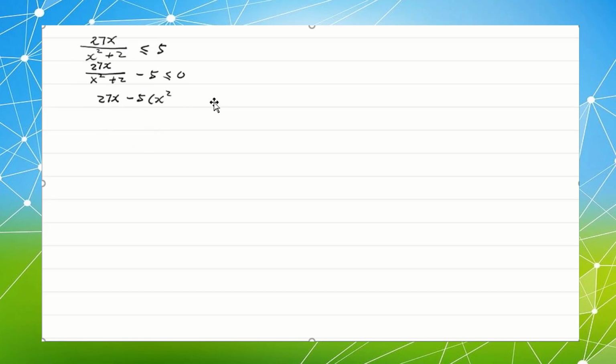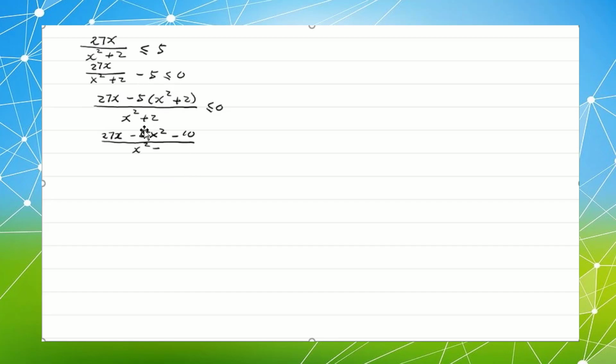So to do that, we need to make the denominator the same, where 5 is multiplied with x power 2 plus 2. Then after that, we need to simplify the numerator. The denominator remains the same. So first we expand the negative 5.